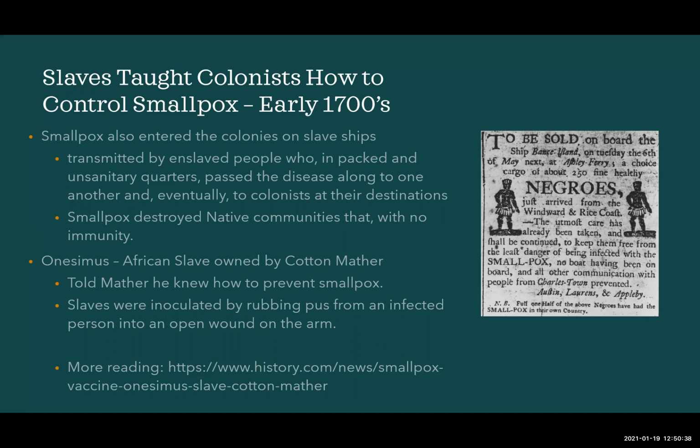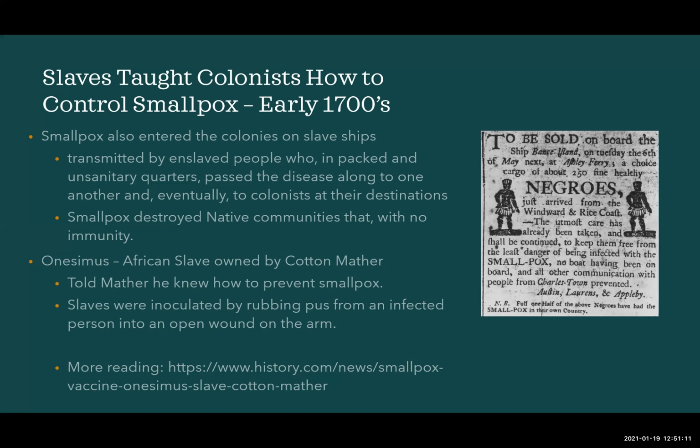Anyway, what he taught Mather was how to prevent smallpox by inoculating people with the pus from an infection. They would cut a person's arm or wound them in some way and then rub the pus into the opening, and this would allow enough of the disease to get within the system so that they would start building an immunity, but not enough to make them sick.